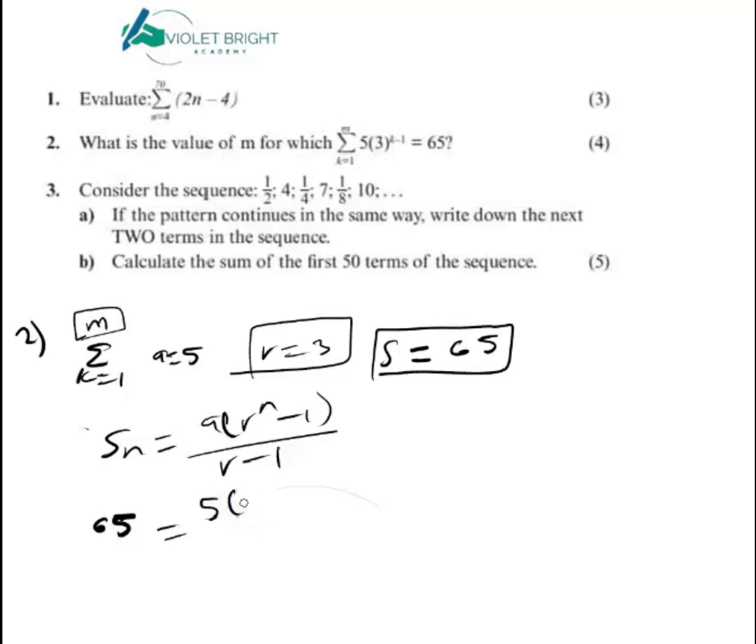So it's 3 to the power n minus 1 over r minus 1. So let me just use m here, or k, whichever we may use. So our r is 3 here. Since we're solving for this, we take this to the other side, multiplying by 2. It's 65 multiplied by 2, which will give us 130.